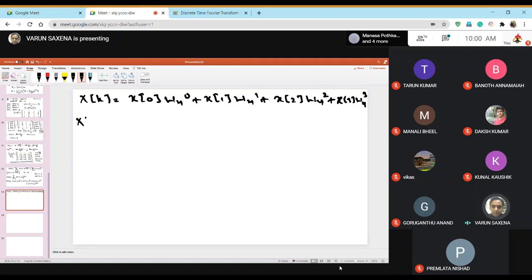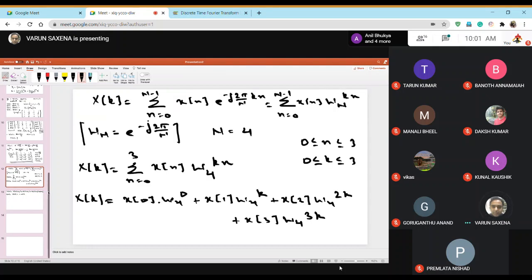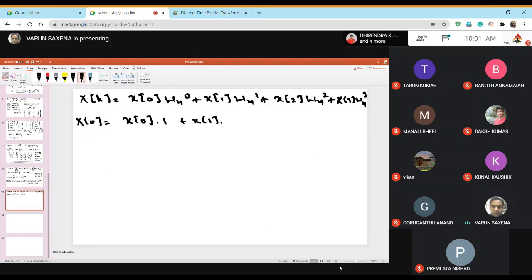Let's evaluate capital X0. Sorry, this was k, this is 2k, and this is 3k. So k is equal to 0 in this case, so this is x0 into 1 plus x1 into 1 plus x2 into 1 plus x3 into 1.